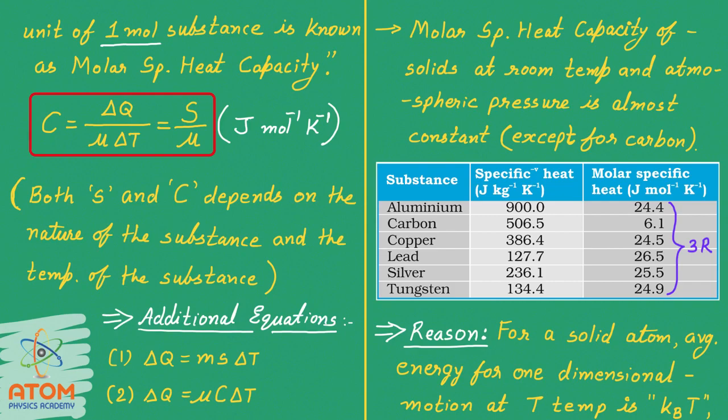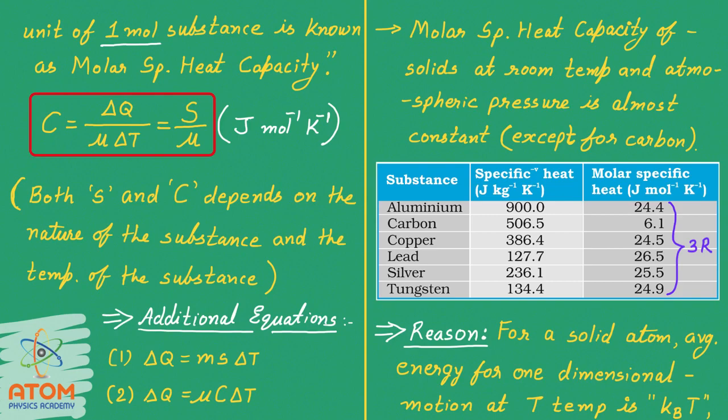You know the value 8.314, right? So if you multiply 8.314 with 3, then you will get almost these values. As I said, here carbon is one exception. You have to just ignore it. Otherwise, for all other solids, the molar specific heat capacity at room temperature and atmospheric pressure remains constant.